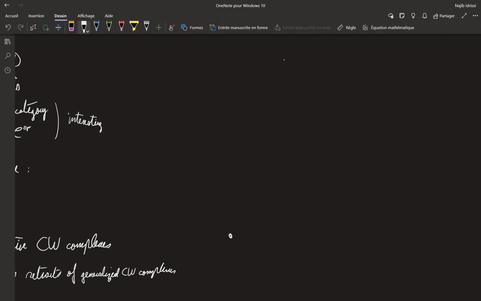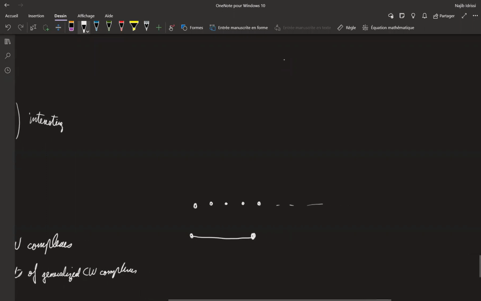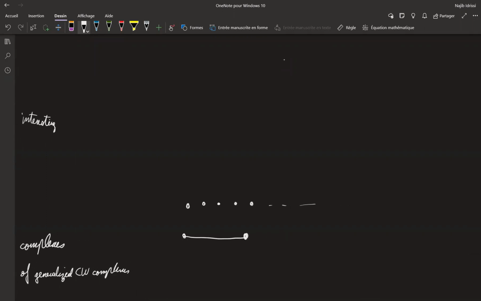Basically, you start with an infinite number of vertices. You glue an edge like this, all right? And then, and this is what is forbidden in CW complexes, you glue edges after you have already glued in edges, which is forbidden in CW complexes.